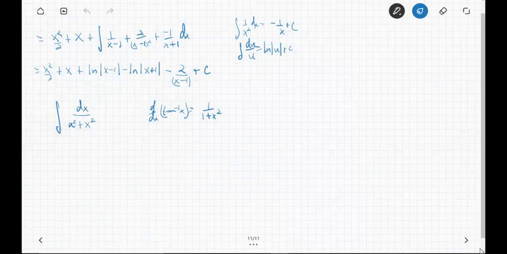So watch this. I'm going to try and build du over 1 plus u squared, because I know the integral of this is the inverse tan of u plus c. So I'm just going to build it algebraically. My biggest problem, as you should recognize, is that I have an a squared. So I'm going to pull out an a squared.